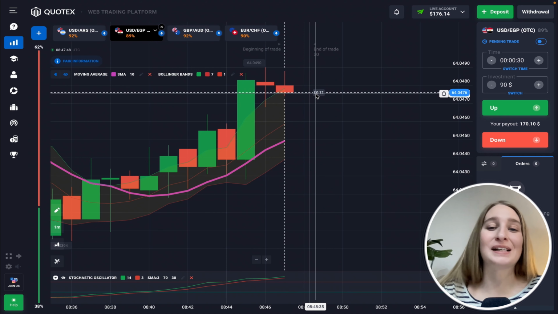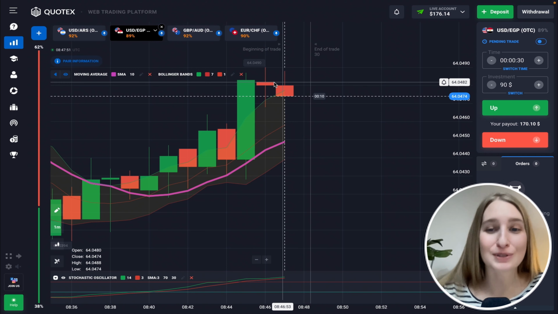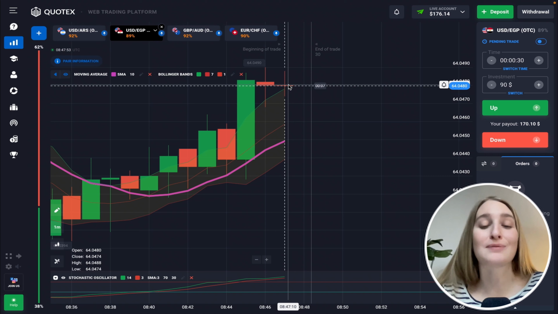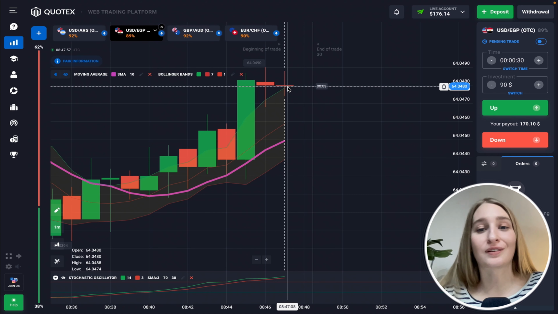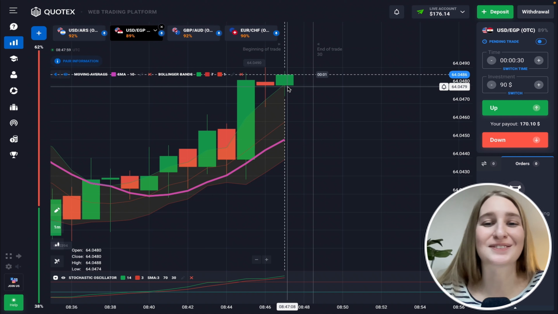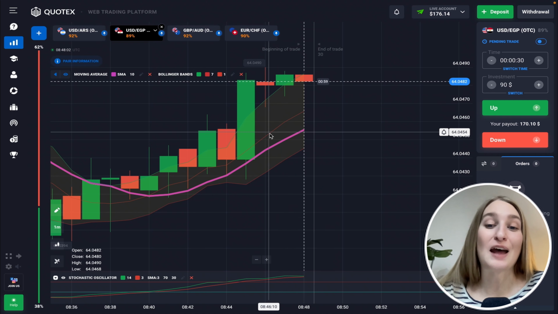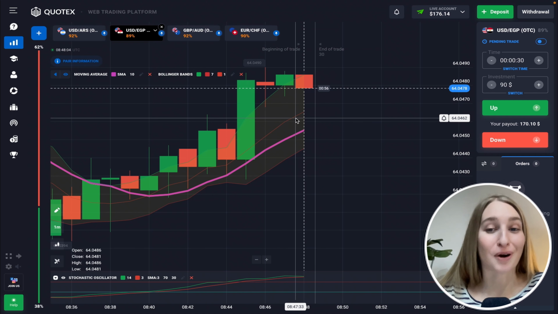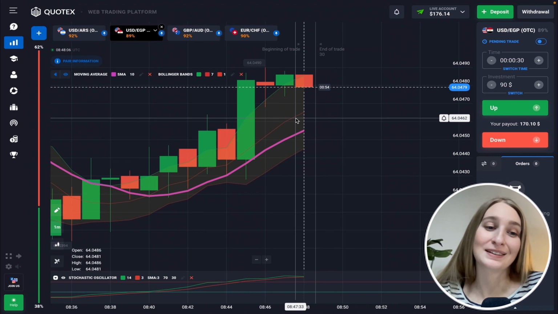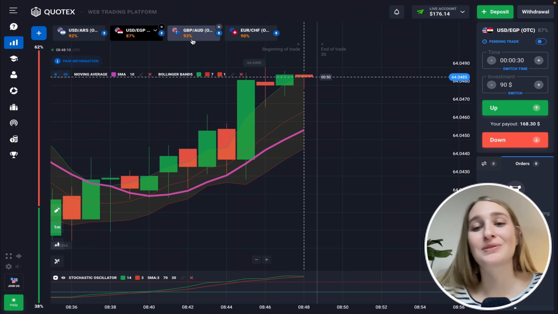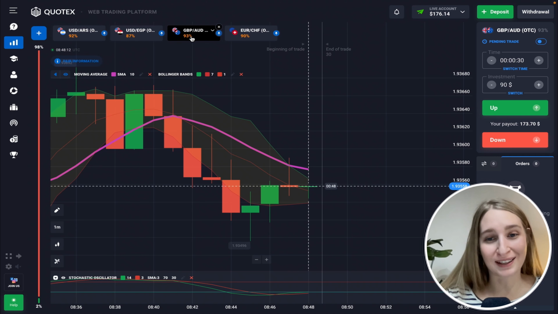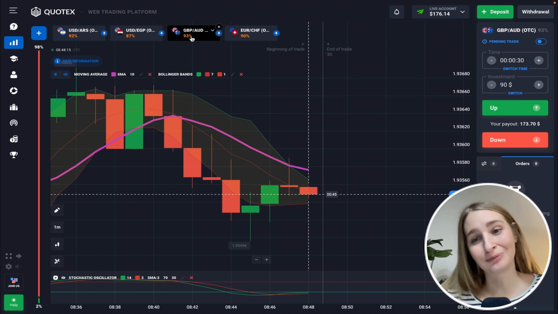Anyway, we have a red candlestick, and I was just in time with my 30 seconds expiration. And yeah, the situation is really trembling. It was a pretty risky trade right over here, but I was lucky enough to make my profit. Really cool, by the way. So I think I will leave the situation, give it some time and go to the next currency pair.